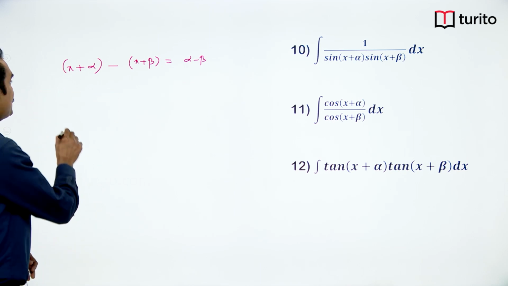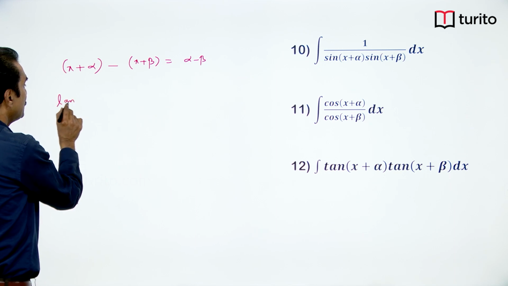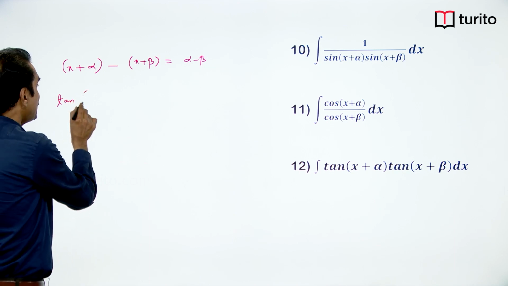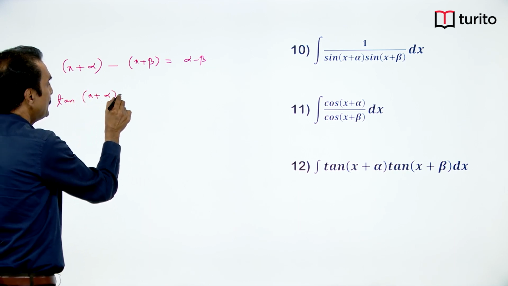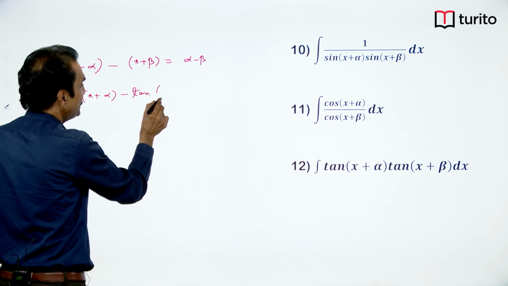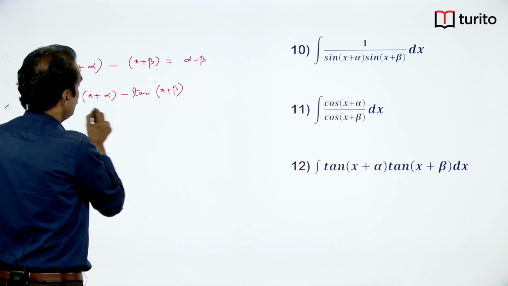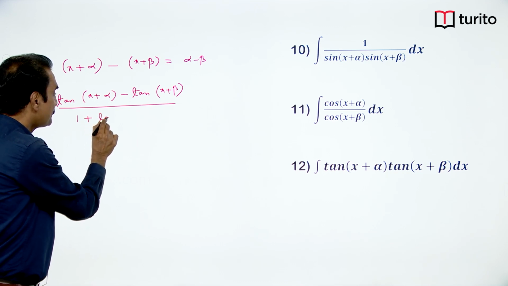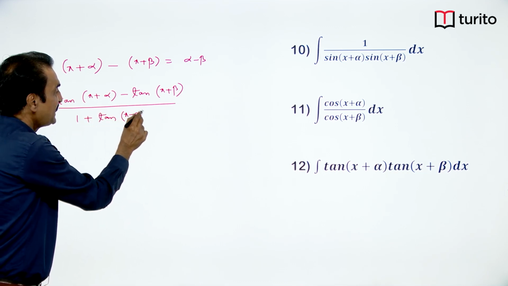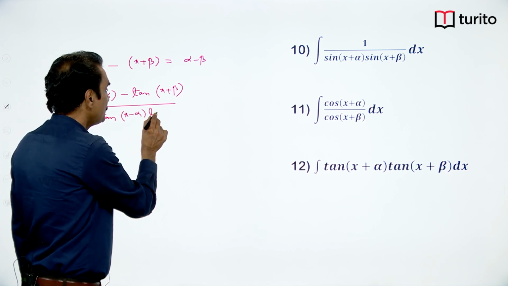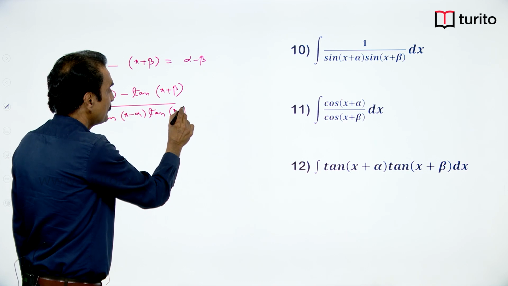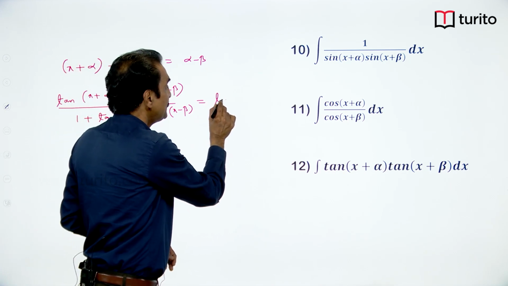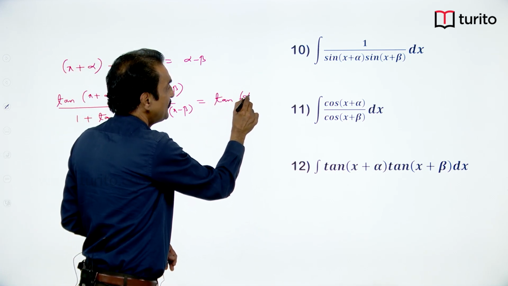Applying tan on both sides, using the tan of a minus b formula, tan a minus tan b, that is tan x plus alpha minus tan x plus beta, by 1 plus tan a tan b, 1 plus tan x plus alpha into tan x plus beta, is equal to, applying tan on RHS, tan alpha minus beta.